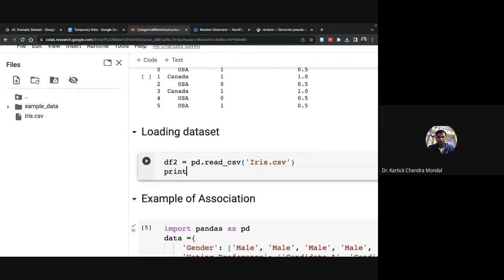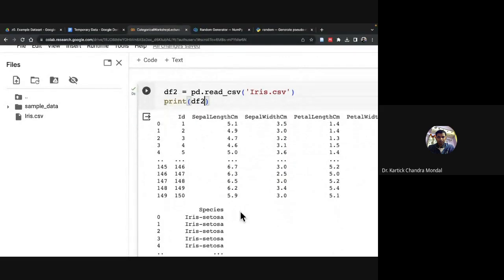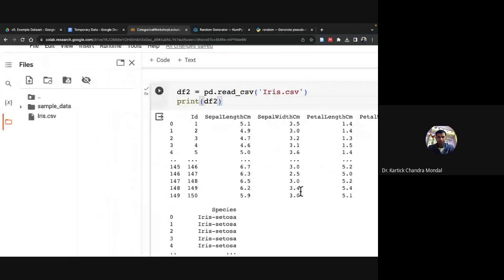So print df2. It is as easy and as simple as that. You have 150 rows, and these are the values, numerical values. So this is the simplest way to load a data set and use the data set. If you have any data set, you can use it for your own purpose by this simple way.